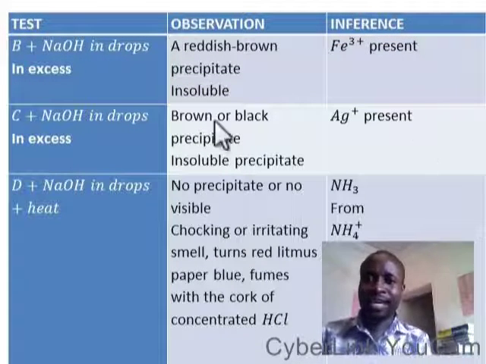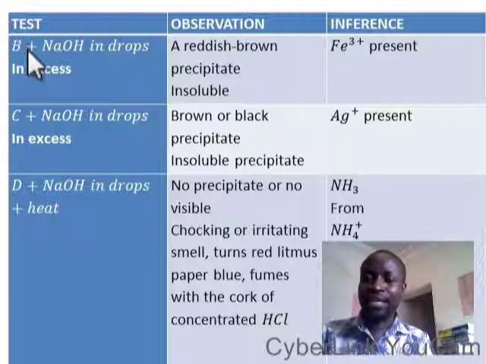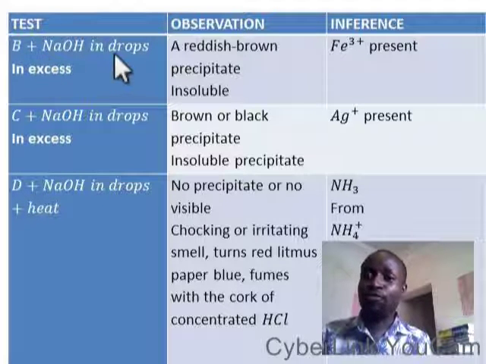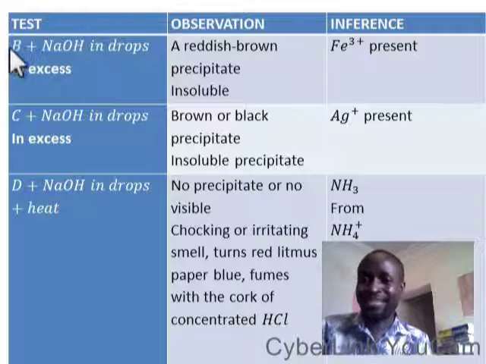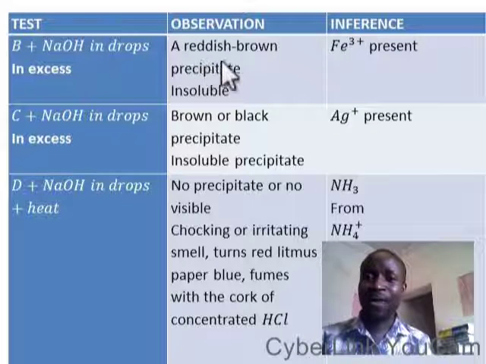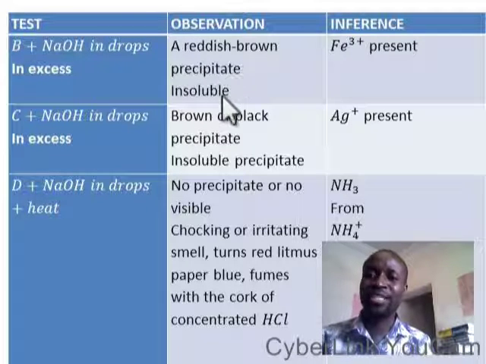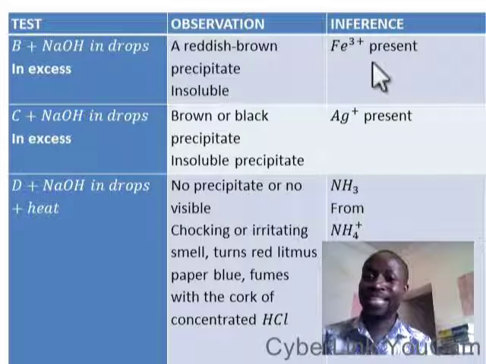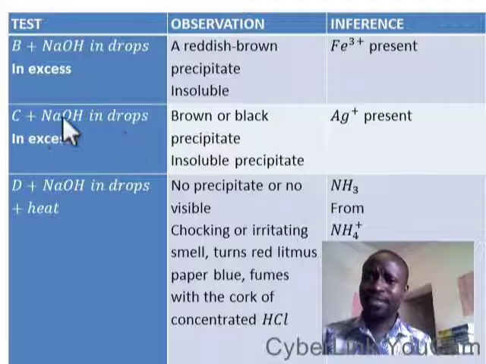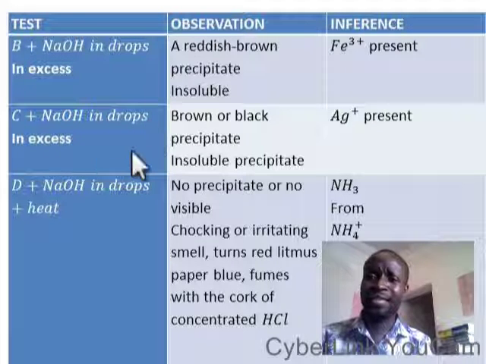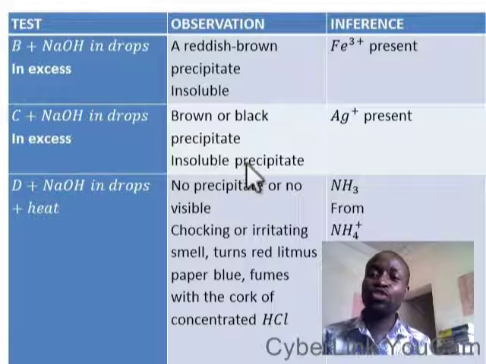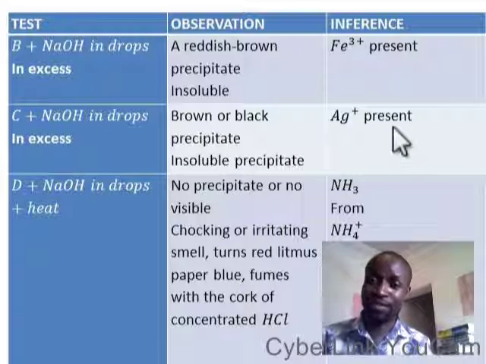Now take another example. B is the compound we are using to represent B. If you add sodium hydroxide to any sample given to you and you have a reddish brown precipitate which is insoluble in excess, we are talking about iron 3. C plus sodium hydroxide in drops and in excess. If it is a brown or black precipitate, insoluble in excess, we are talking about silver.